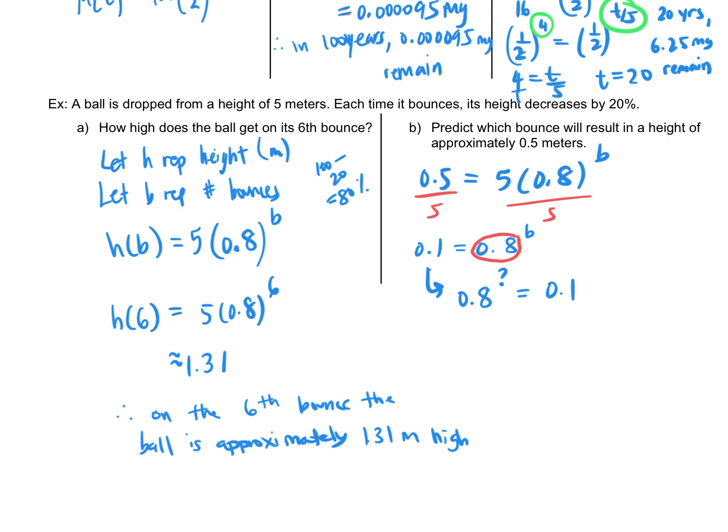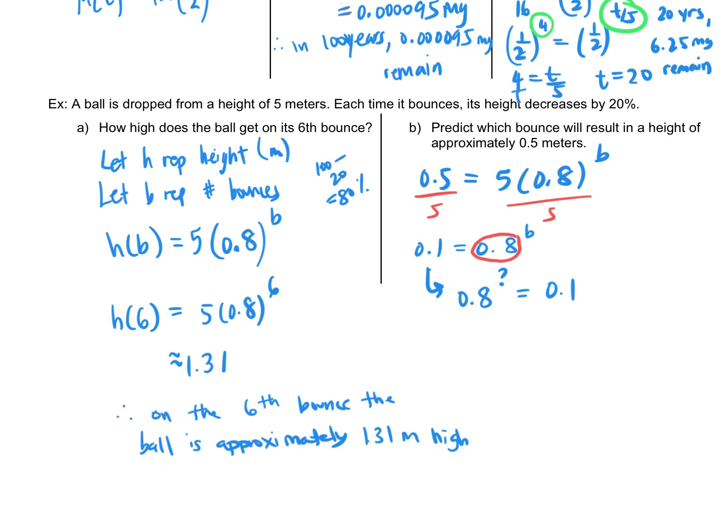And it might just be a bit of a guess and check at the beginning. So I might try 0.8 to the power of 5. And I got 0.3. That's not good enough. 0.8 to the power of 8. 0.16. Okay, I'm getting lower. I want to be even lower. Maybe to the power of 10.